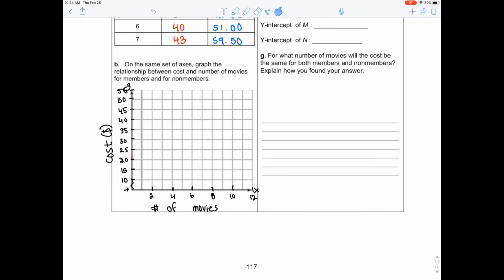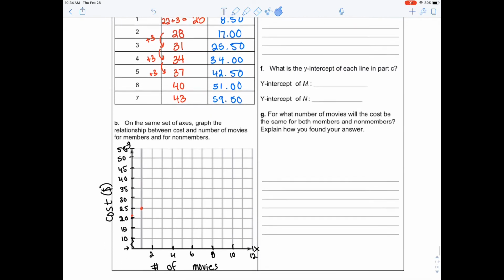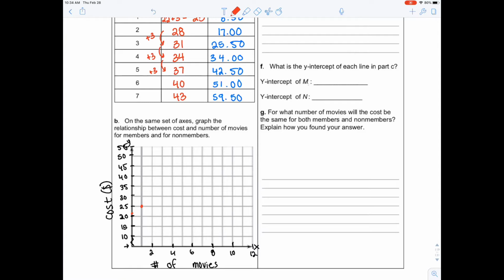One movie costs $25. 2 movies cost 28. So somewhere like that. 3 movies is at 31. And yes, I would like you guys to graph these points, okay, because they are all part of our data. So they are all important here.